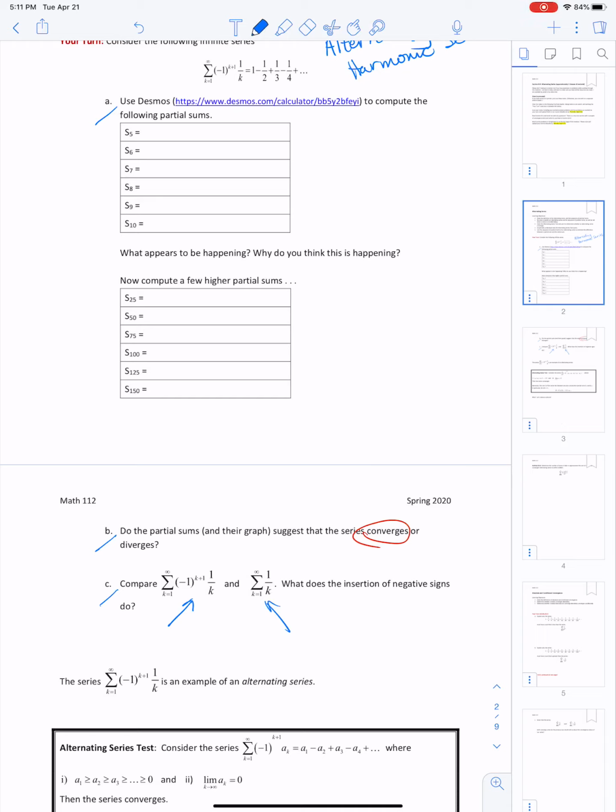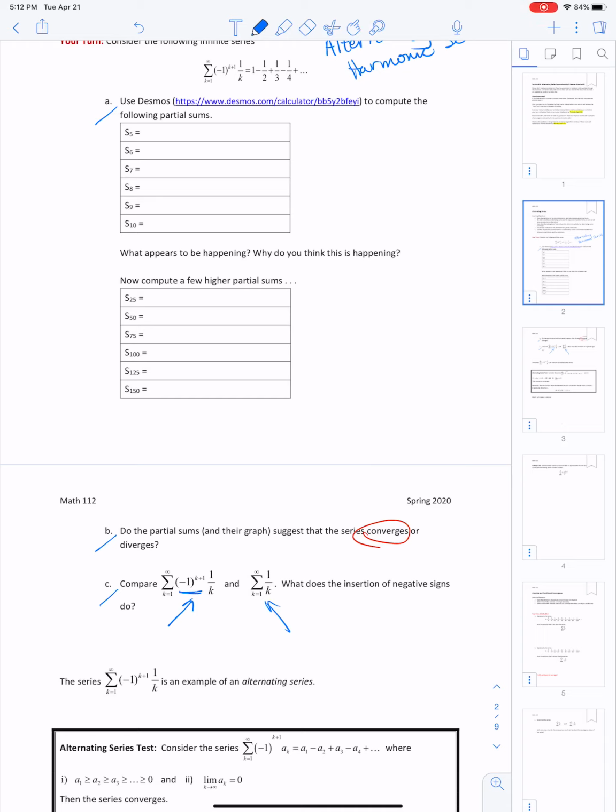The only difference formulaically is this (-1)^(k+1) term that's adding minus signs every other term. And the positive parts here are identical.